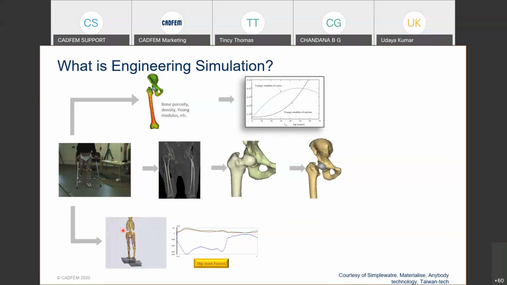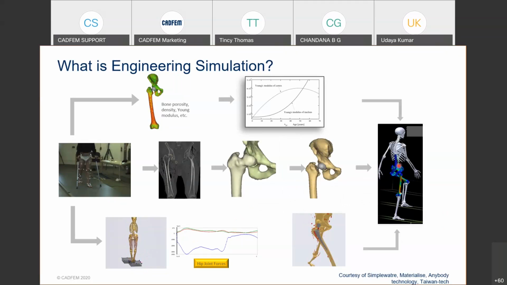If you know these joints, you implement them into a simulation, and you can see how it's affecting the whole body or the body parts you modeled, how the stresses come into this femur point, or how the implant is working, which is a critical area of the implant, and how long it will sustain. All those kinds of data you can understand. So this is the rough workflow usually followed for any kind of simulation.